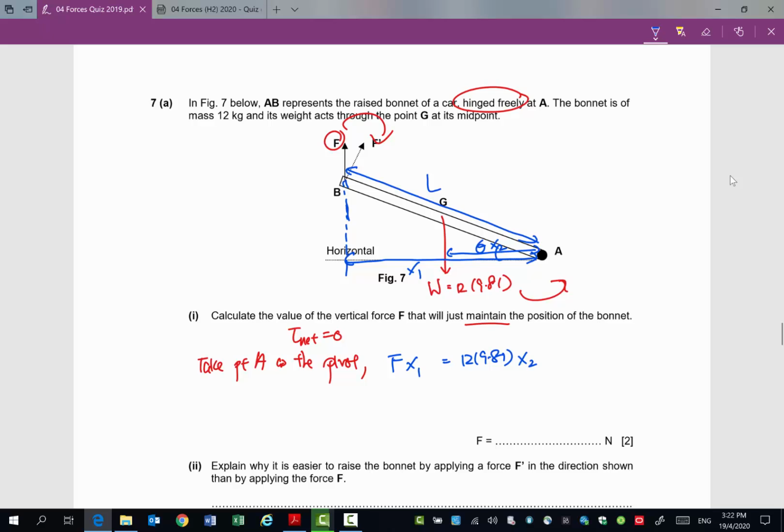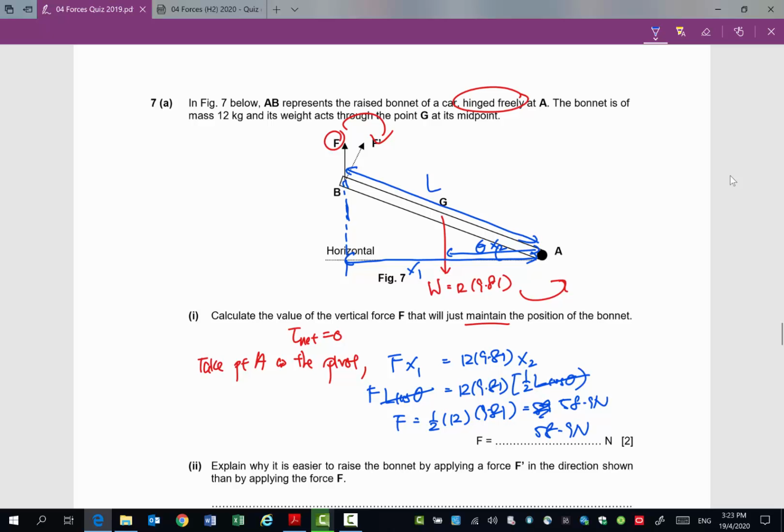And x1 is the horizontal component of the length L, so F L cosine theta will be equal to 12 times 9.81 times x2. x2 is the horizontal component of GA, and GA is basically half of L, so that will give me half L cosine theta. Okay, and by this point in time, you should see that L cosine theta, even though it's an unknown, I can cancel them away. So calculating, I get F equals half times 12 times 9.81, giving me the final answer to be 58.9 Newton.